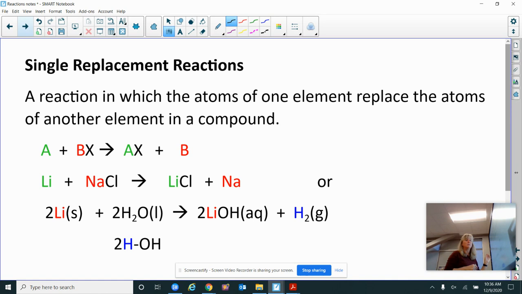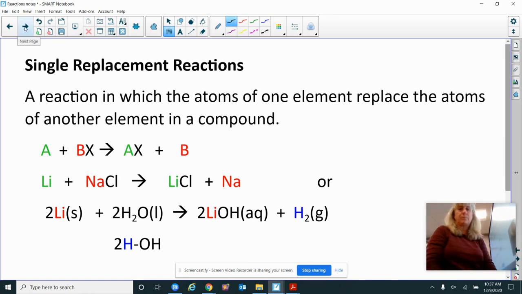So a metal can replace another metal. A metal is not going to replace just some random non-metal, but a metal can also replace hydrogen because hydrogen only has one electron and it's like a metal. So a metal can replace a metal, and a metal can replace hydrogen, and we're going to go more into single replacements in a minute.